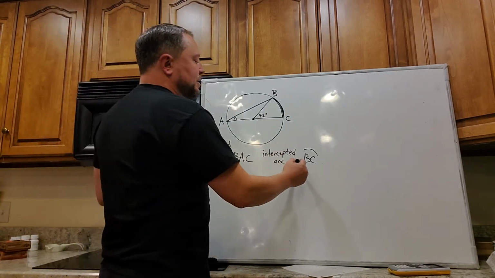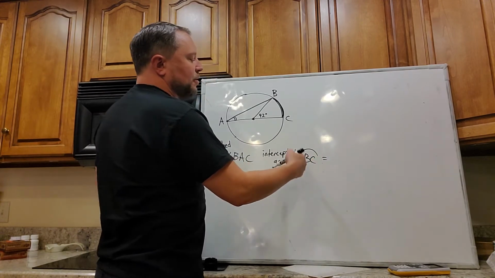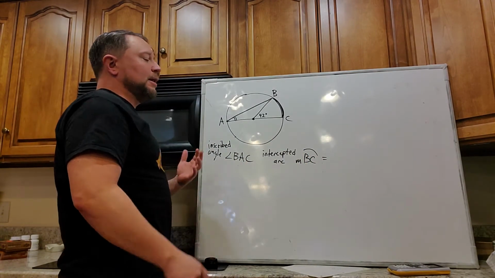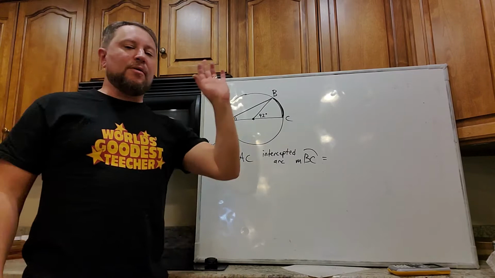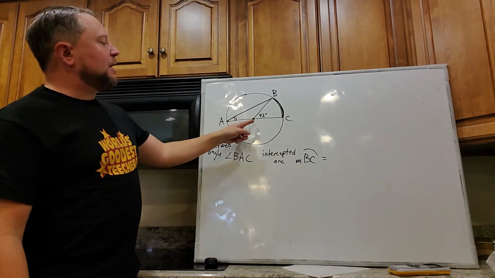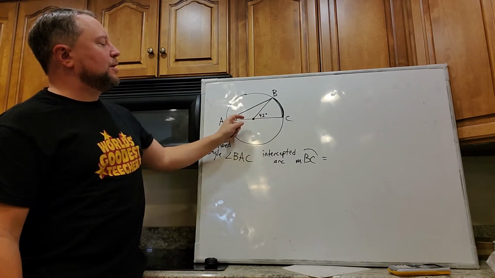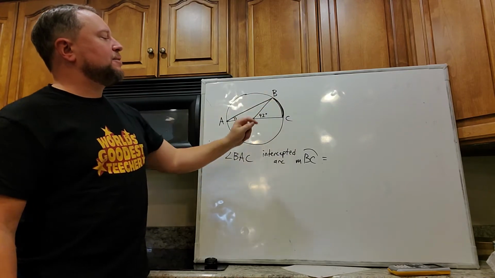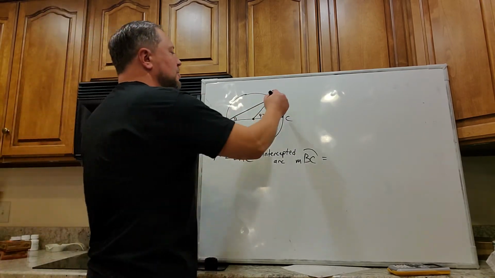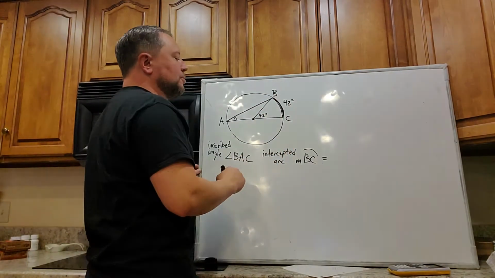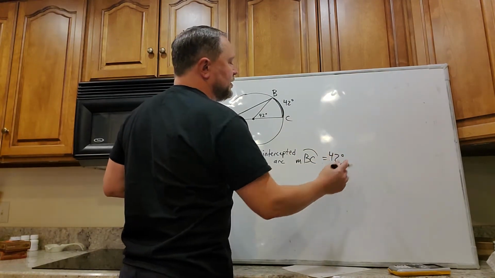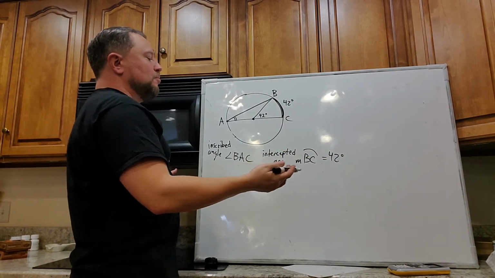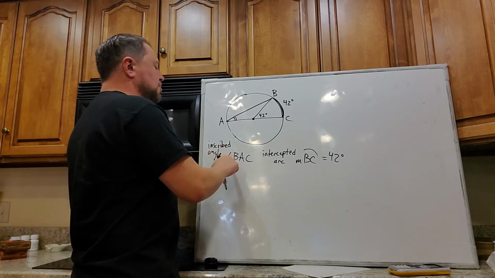Now, what if I said, what's the measure of that intercepted arc? This goes back to something we already learned in a previous section: if a central angle is 42 degrees, then the arc that it hits is going to be the same measure. So the arc that it hits is 42. But more importantly, let's go back to our inscribed angle.